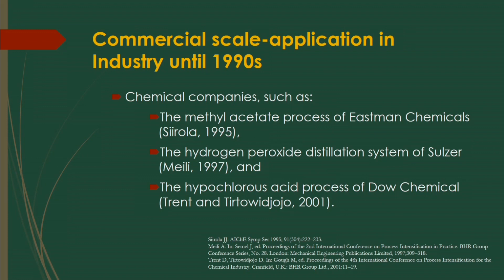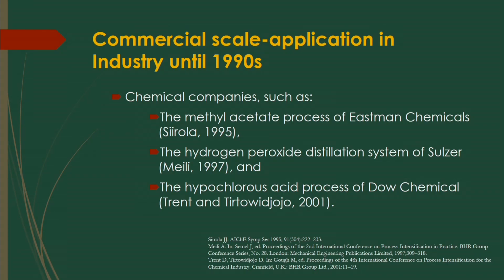like chemical companies such as the methyl acetate process of Eastman Chemicals, they produced methyl acetate based on this microtechnology, based on this process intensification. And also a hydrogen peroxide distillation system has been developed, and it is in the market from Sulzer.